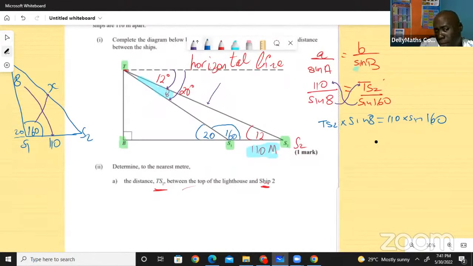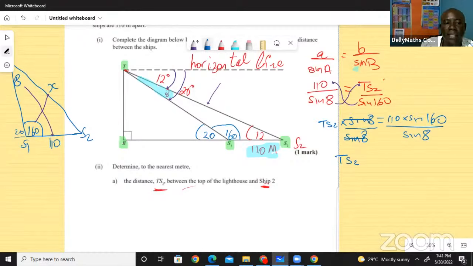And then if I want to find TS2, I'm going to divide both sides by the sine of 8 degrees. And now you see that the TS2 is by itself. So now we could just put this on our calculator and get the value for the length of that side over there.